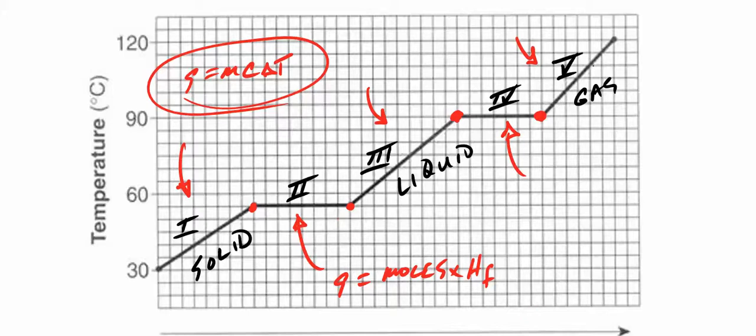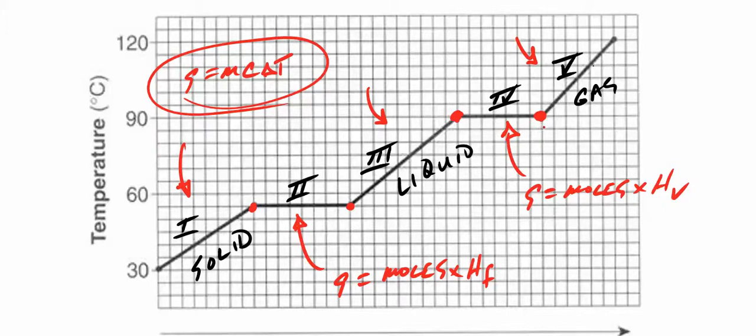Now, if you want to go from liquid to gas, you're going to use almost the identical formula. We're going to say Q is equal to the number of moles that you're dealing with, right? Times, this time we're going to use the heat of, I'll abbreviate this with a V, heat of vaporization. Again, you're going to have to look that up in order to determine the amount of heat necessary to go from liquid to gas.